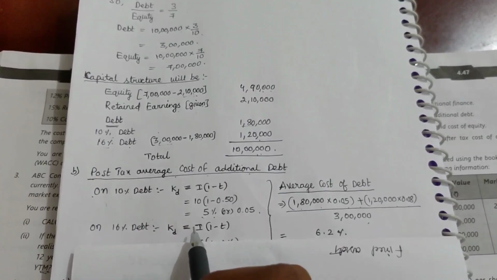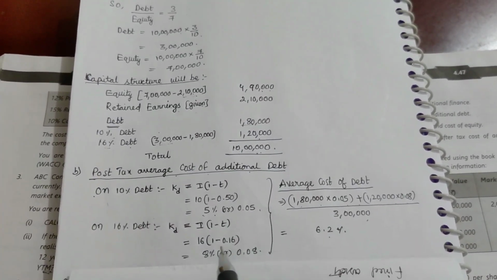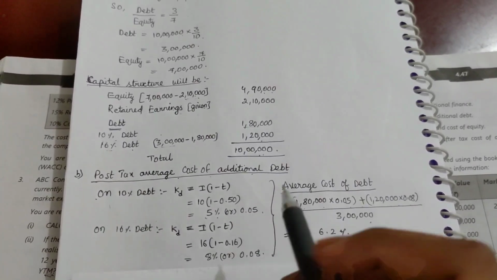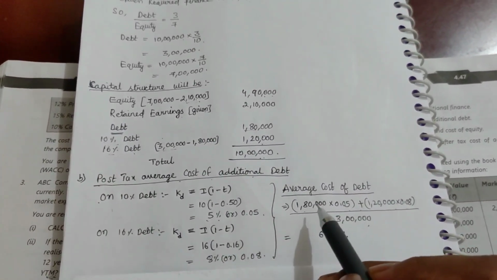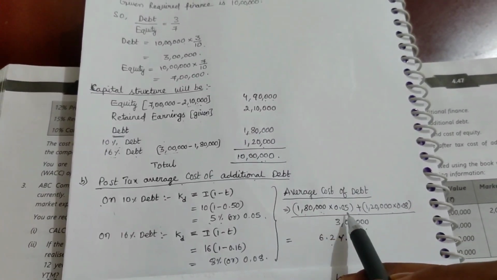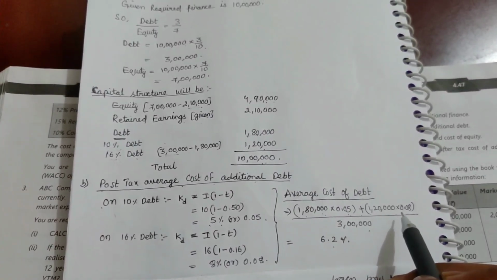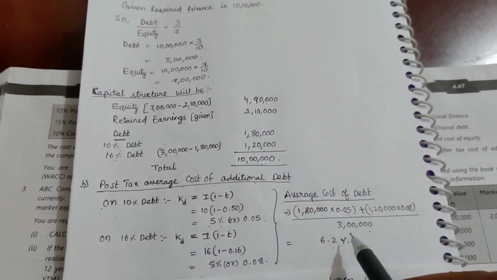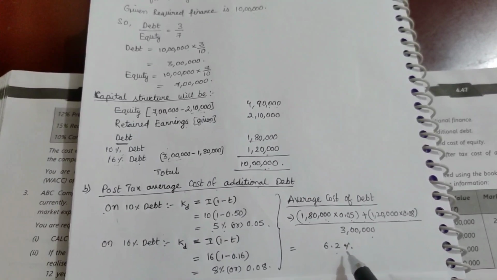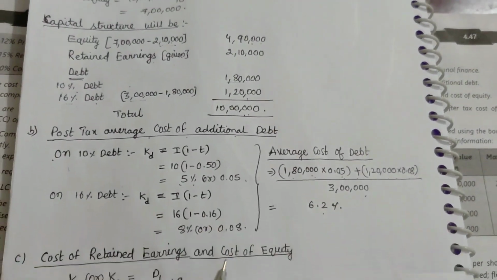KD on 16% debentures is I into 1 minus T, which is 8%. So average cost of debt will be 1,80,000 into 0.05 plus 1,20,000 into 0.08, divided by 3 lakhs. It will become 6.2% average cost of debt.